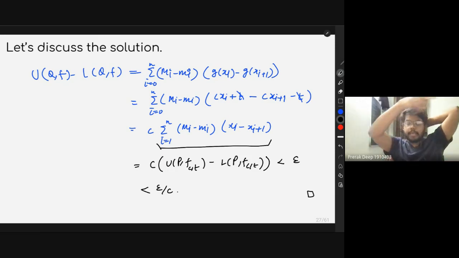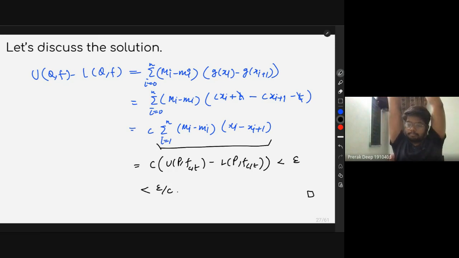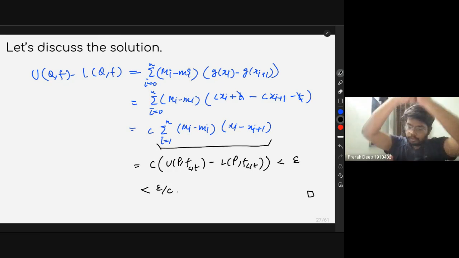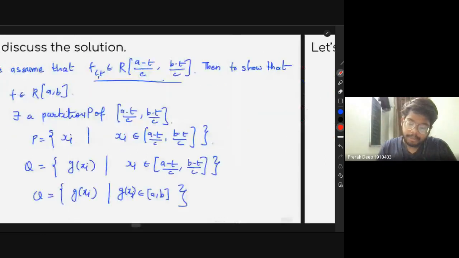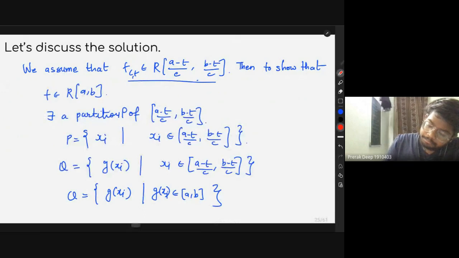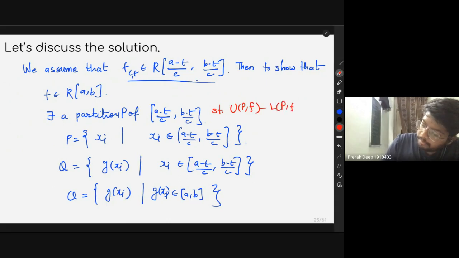So in particular, you can take your partition P in such a way that this thing is smaller than c epsilon. So you choose your partition P here such that U(P,f) minus L(P,f) is smaller than c times epsilon.